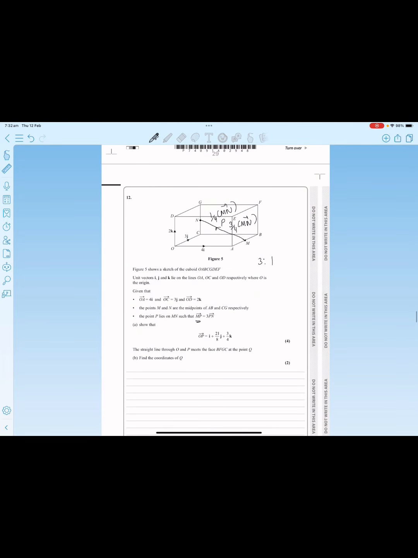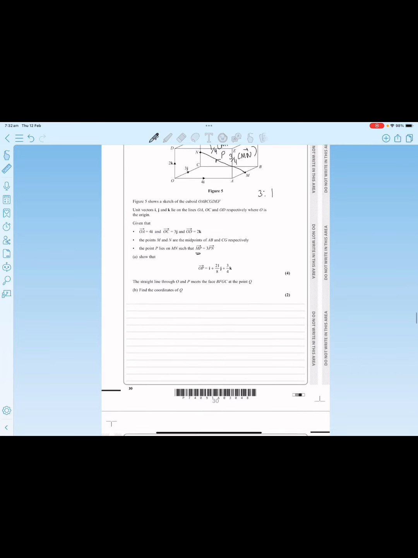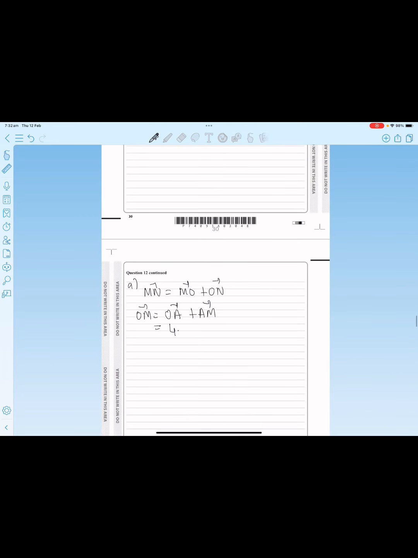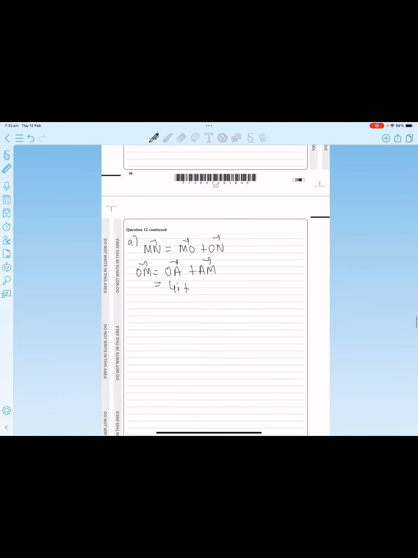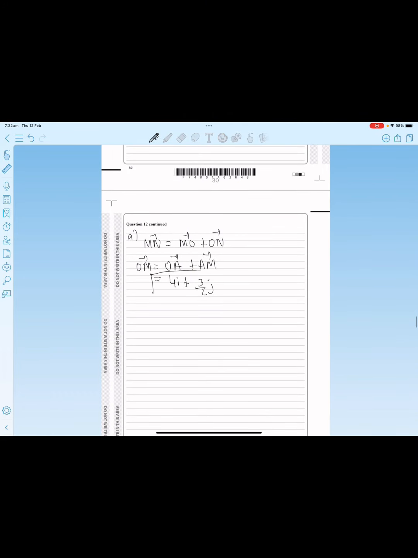OM would just be OA plus AM. I know that OA is 4i, and I know AM is just the midpoint of AB. AB is the same as OC, 3j, and therefore AM would just be 3 over 2 j. There's my OM.